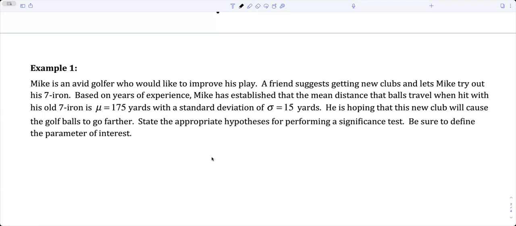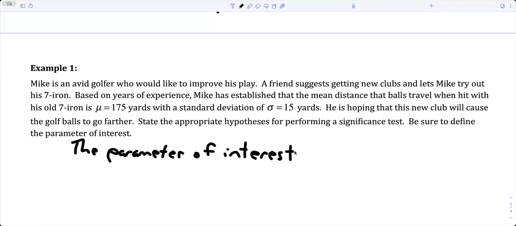I'm going to define the parameter first. If we were going through the steps of PHANTOM, this would go in the first section with the P, with the parameters. So I'm going to say the parameter of interest is, what am I looking for? I'm looking for the true mean.